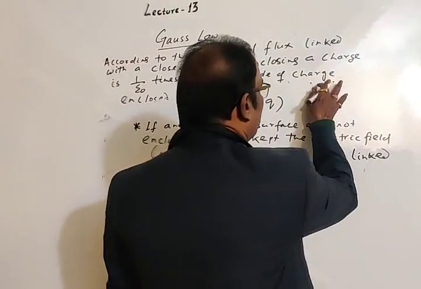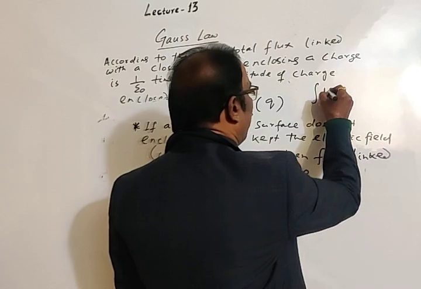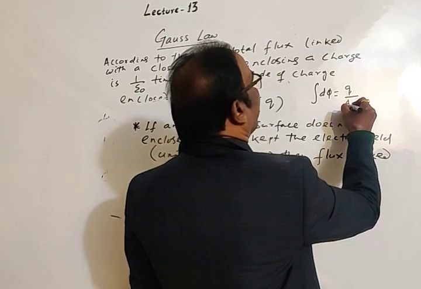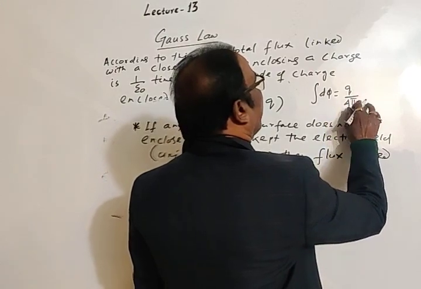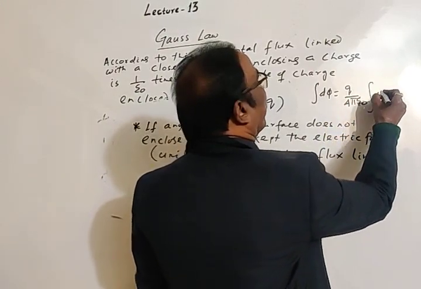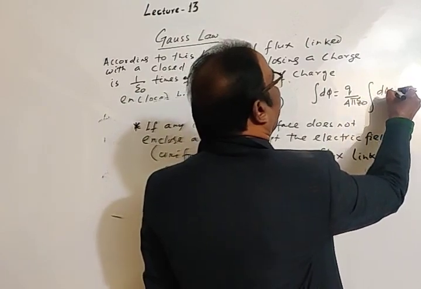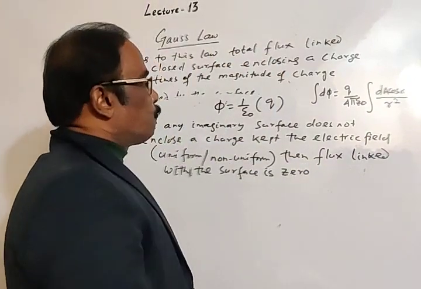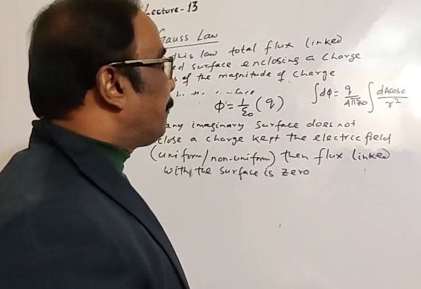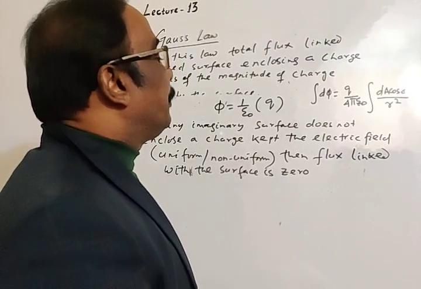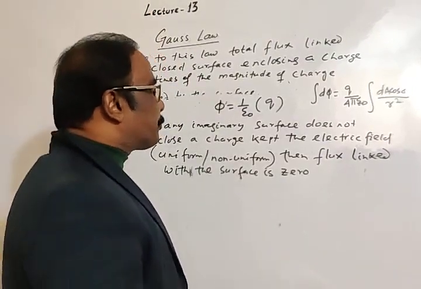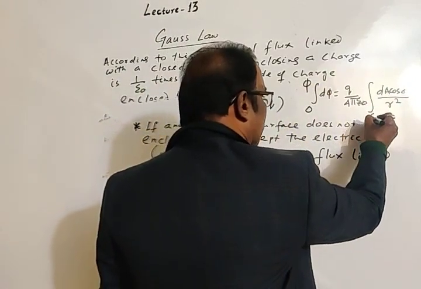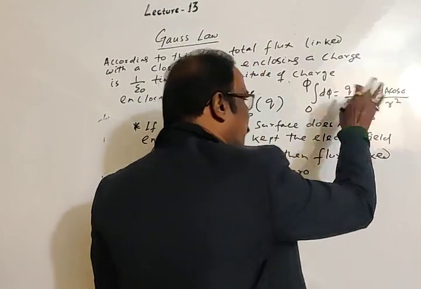And previously we have done integration of d phi is equal to q by 4 pi epsilon naught into dA cos theta by r square. See students, the limits were 0 to pi, and here you may take surface integration, means for the whole surface.